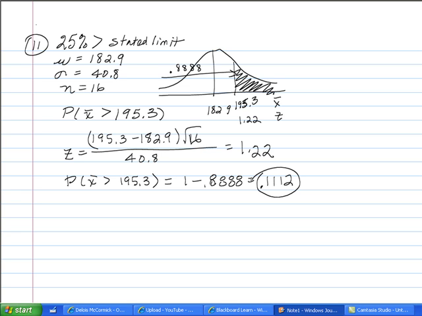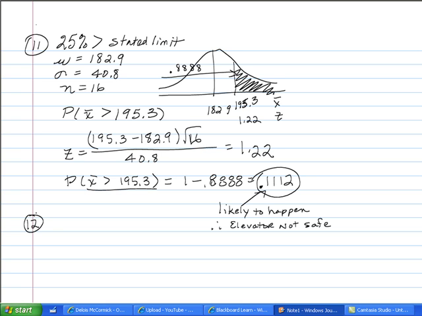In 12, they have us change it slightly. The assumed weight from a few years ago is 174, and we can see that the new weight is quite a bit higher than the old weight. I'm assuming the rest stays the same, as does n equal to 16.